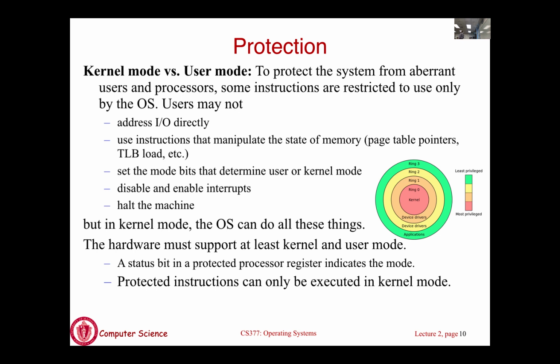What we are going to do is not treat them as real user processes. We run them in intermediate rings, so they are a little more privileged than a normal user process. You can also have device drivers running in ring 1 or ring 2, where they are less privileged than the kernel itself. So you can make use of multiple levels of protection, not just user and kernel mode.